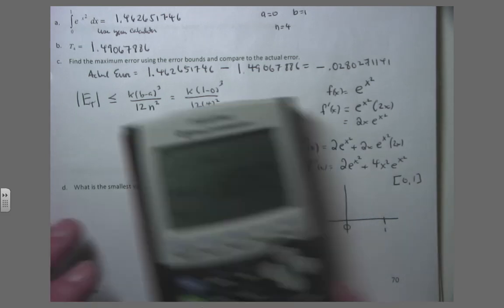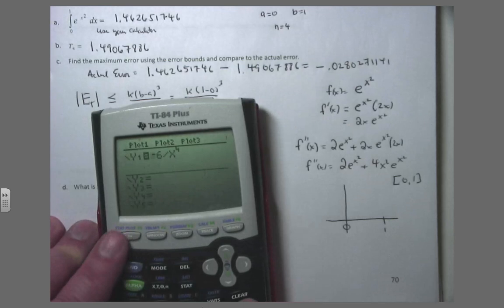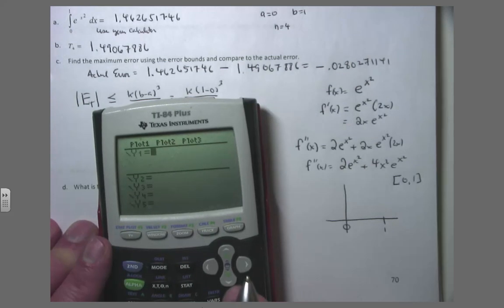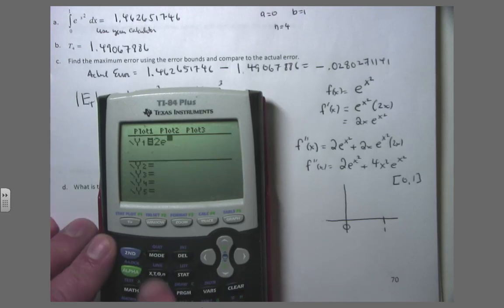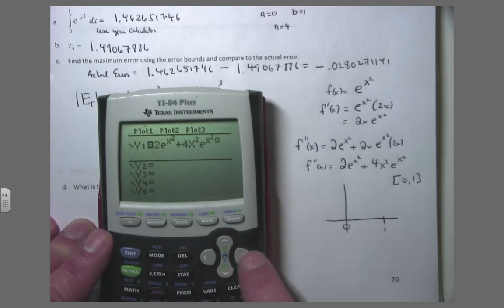So I'm going to go over here to y equals, clear out my old function there, and I'm going to graph this guy. This is 2e to the x squared plus 4x squared times e to the x squared.